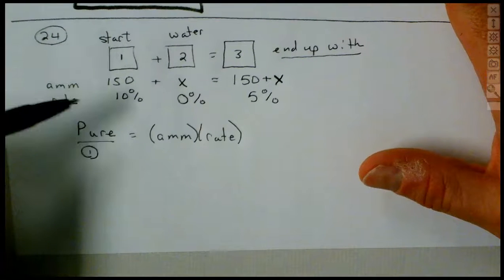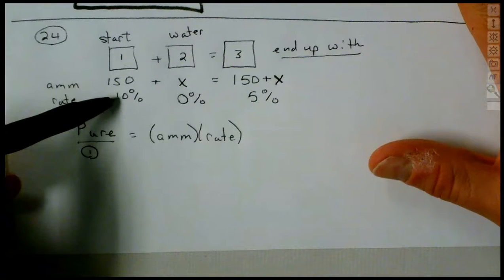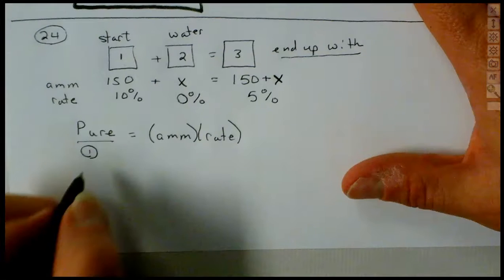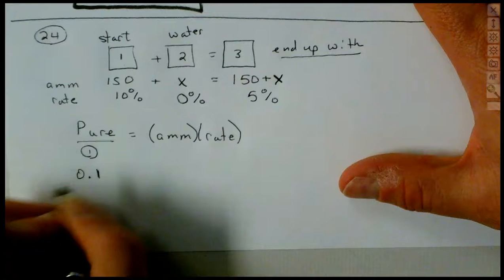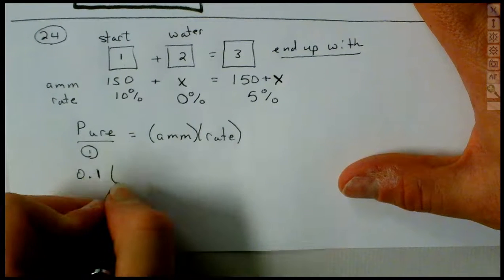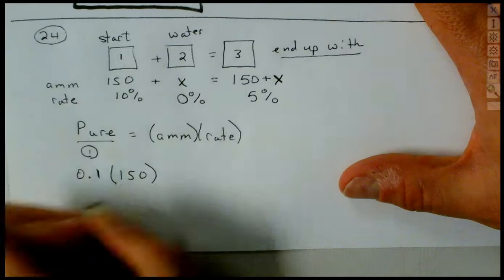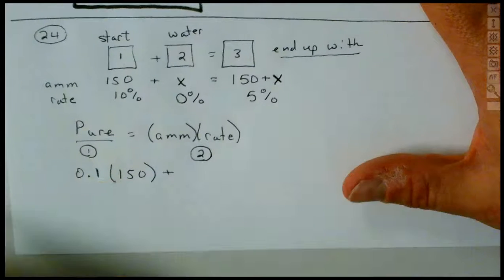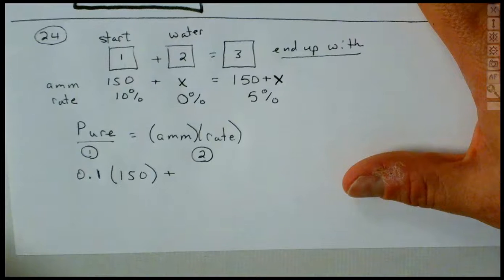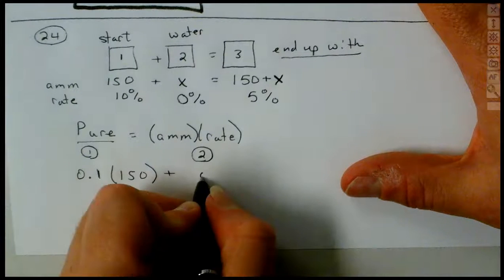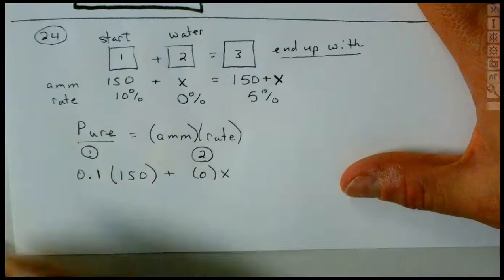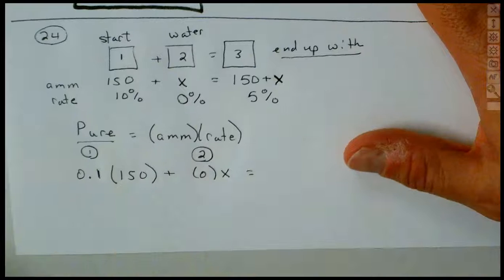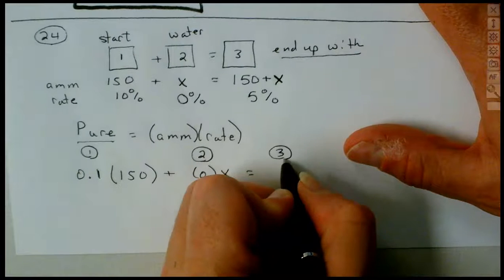And what's that going to be for our first one? Well, 10% is a decimal, 0.1. And how much is in there? 150. We're going to add that to the second one. 0% is 0 times X. And what about the third one?